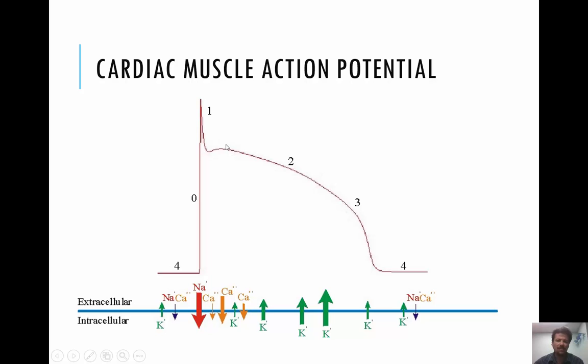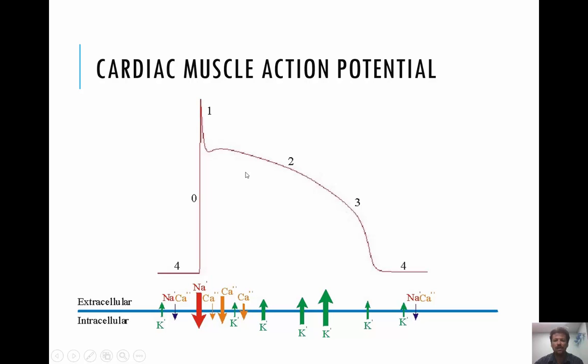And the plateau phase is generated by the opening of specialized voltage-gated calcium channels. And these calcium channels open a couple of milliseconds after the opening of the voltage-gated sodium channels. What they allow is an influx of calcium into the cell.